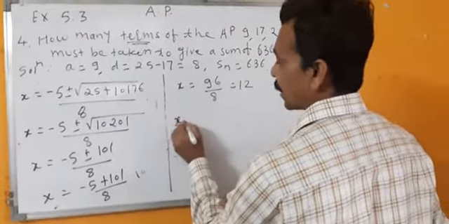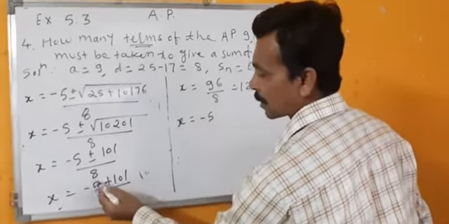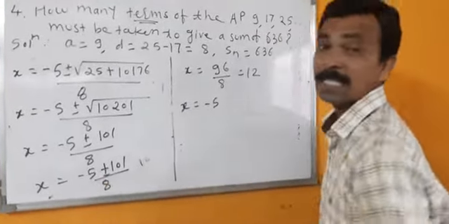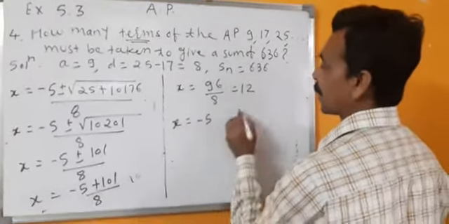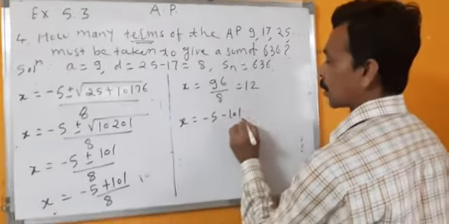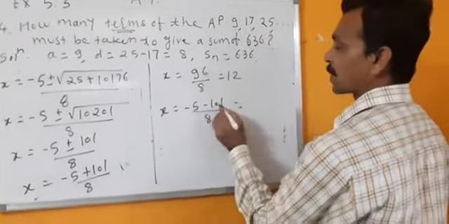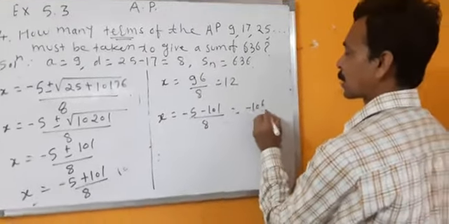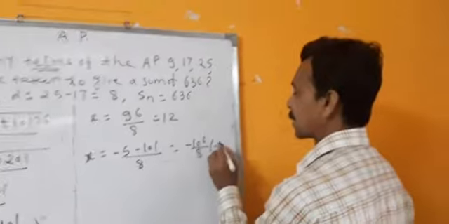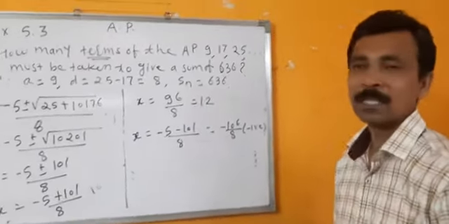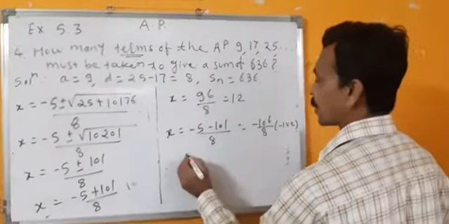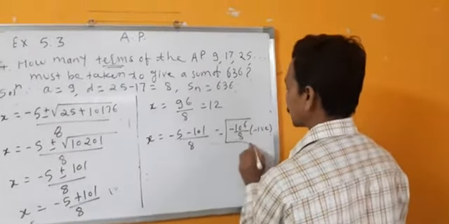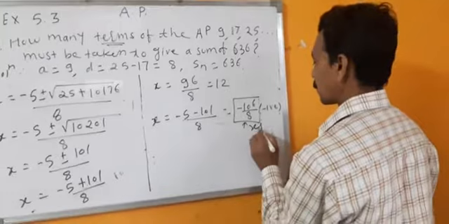Now I will take minus 101 upon 8: minus 5 minus 101 is minus 106 upon 8. But this is negative, and we know the number of terms is never negative. So this is rejected.